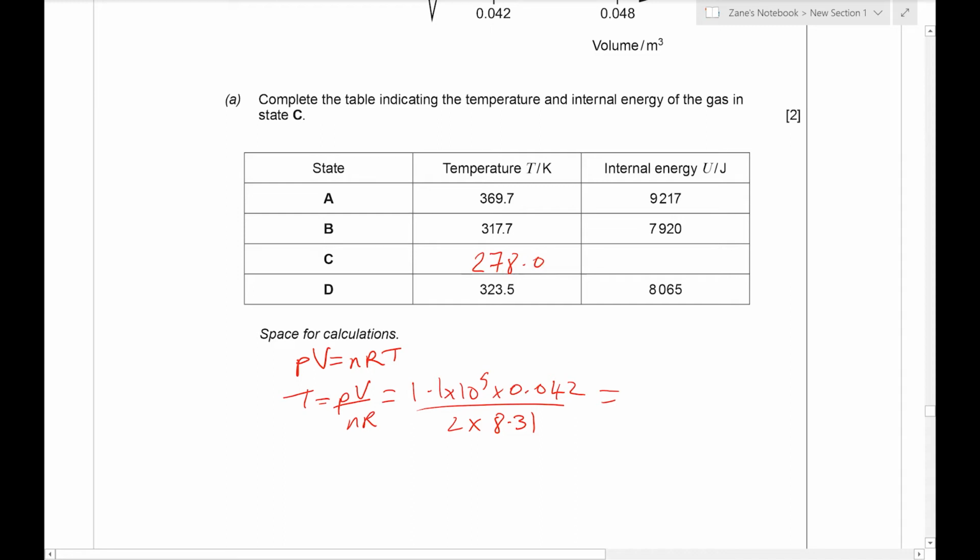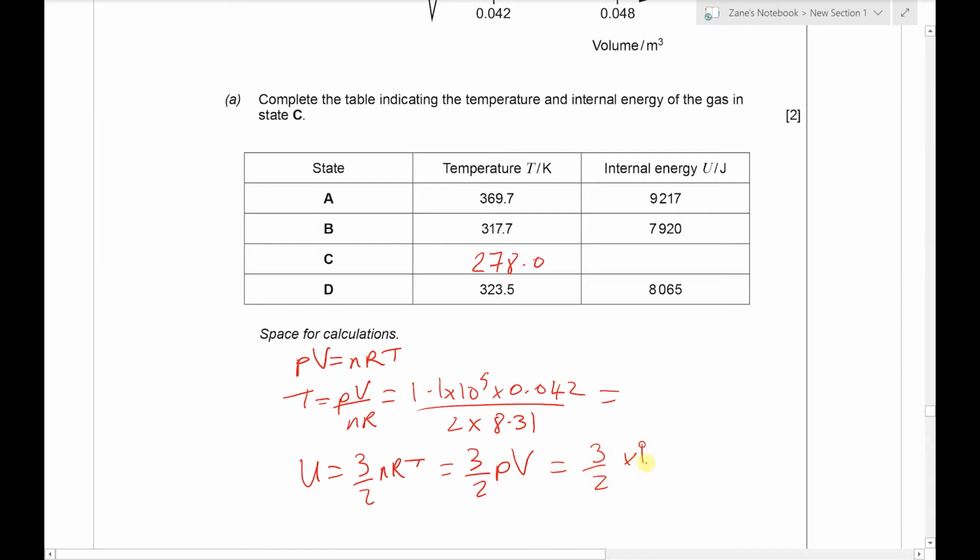To find the internal energy, we've got various formulas, U equals 3 over 2 nRT and so forth. But if we realise that nRT is equal to PV, a quick way of doing this is to simply do 3 over 2 PV. So we don't have any rounding errors coming from maybe miscalculating the temperature in the previous bit.